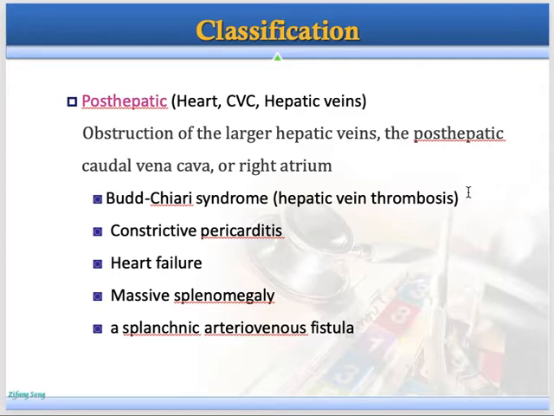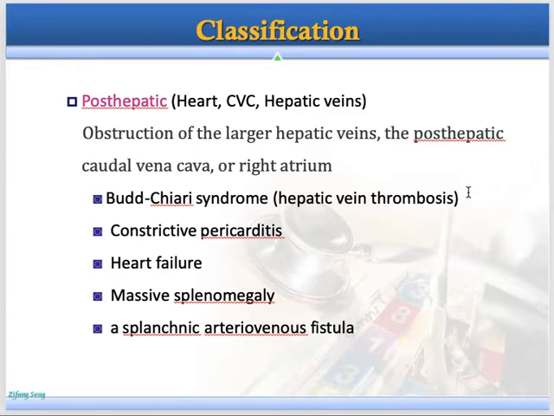So this is basically Budd-Chiari syndrome, and whenever we are dealing with any patient of Budd-Chiari syndrome, what we have to do is the full screening, or what we call thrombophilia screening.